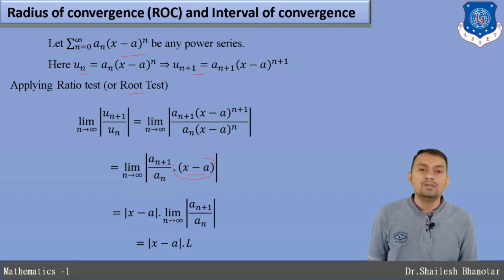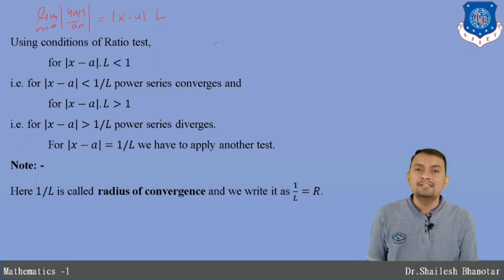So we will have limit n tends to infinity, absolute value of an plus 1 divided by an. But according to the ratio test, this quantity is nothing but L. So we are left with mod of x minus a into L. So I am going to say that if we get absolute value of x minus a into L is less than 1, then the series, whatever we have, an into x minus x0 raised to n, is convergent.